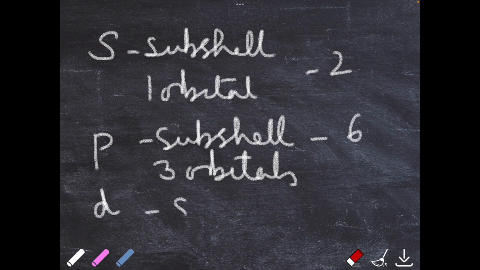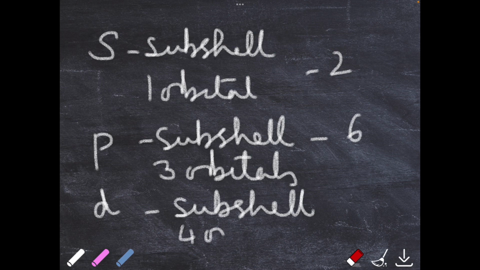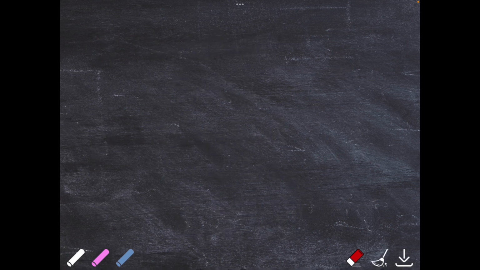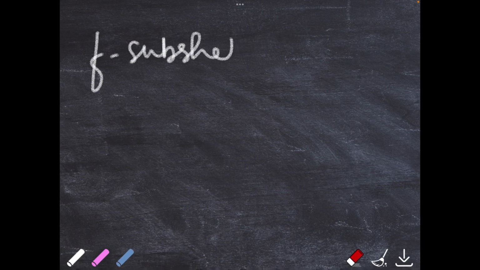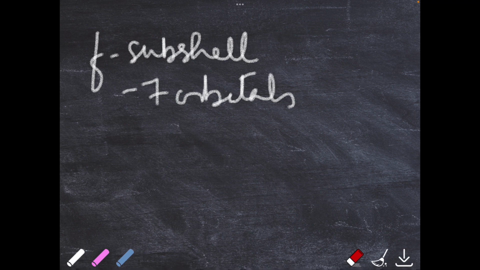If it is a d subshell with 5 orbitals, the maximum capacity is 10 electrons. And for the f subshell, with 7 orbitals, the maximum capacity is 14 electrons.